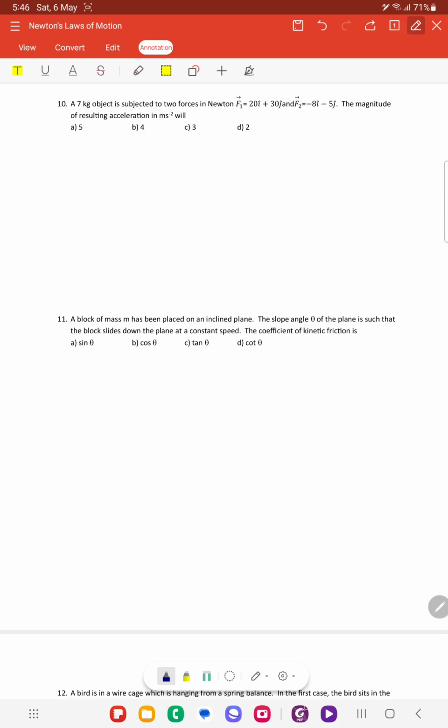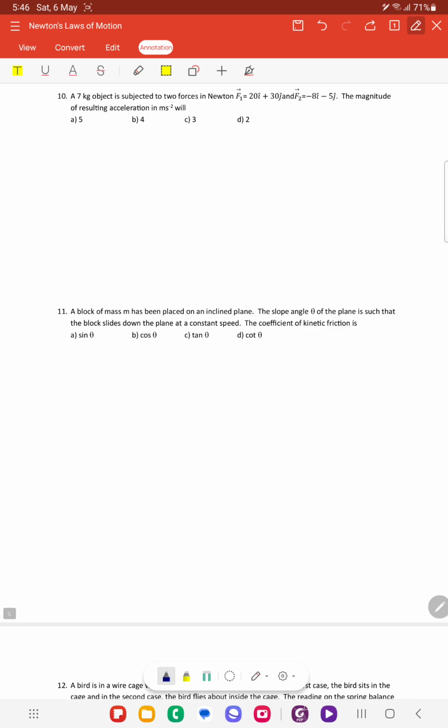Question number 10. A 7 kg object is subjected to two forces in Newton, F1 and F2. What is the magnitude of the acceleration? We have the two forces F1 and F2, so we can calculate the net force. That is, the total force acting on the object is F1 plus F2.